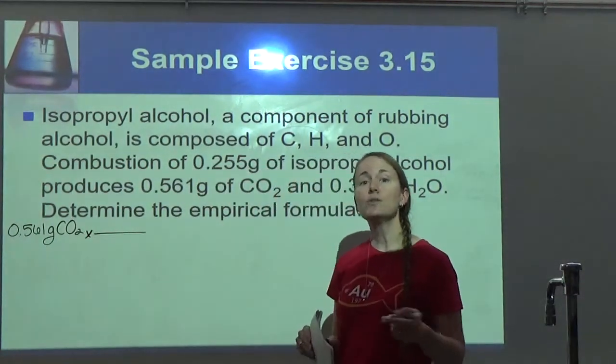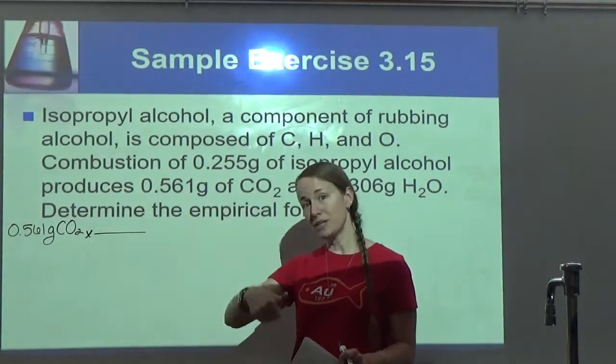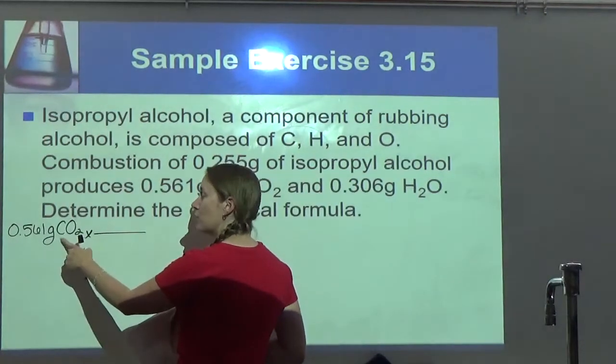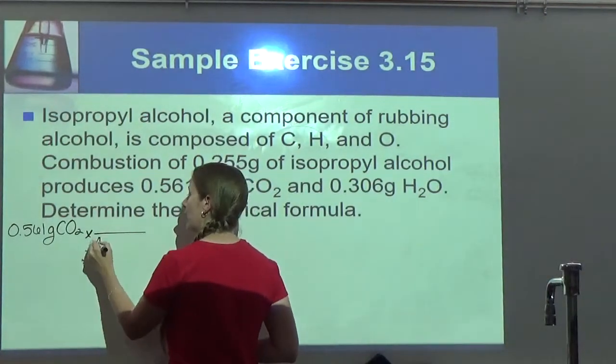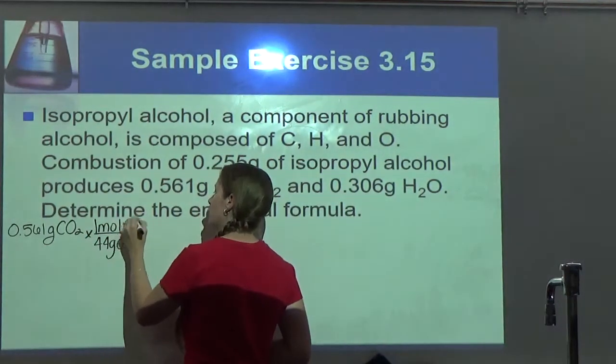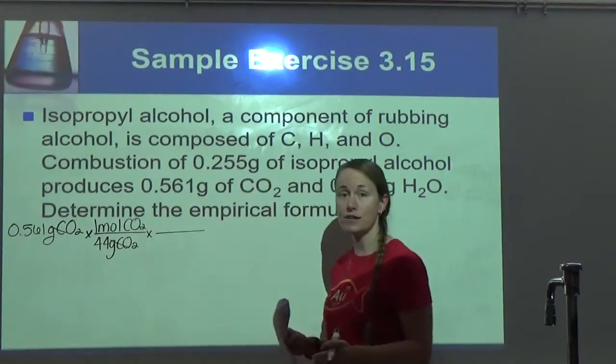So the first thing I need to do is get to moles, because moles is the way, remember, we can change the substance from CO2 to just carbon. So I need to change to moles first, so I'm going to have to use molar mass. So when I add up CO2, I get 44 grams in 1 mole. Remember, I told you I'm not going to show you how to add up molar mass every time now. We will literally never finish these videos.